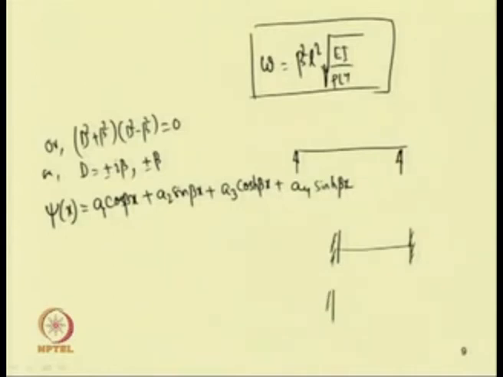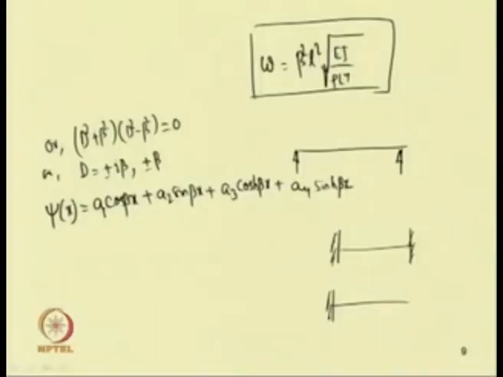And in case of the cantilever beam, the left side is fixed, so the displacement and slope are 0, and on the right side, which is free, the bending moment and shear force are 0. So by using these boundary conditions, one can find the solution for the shape function.